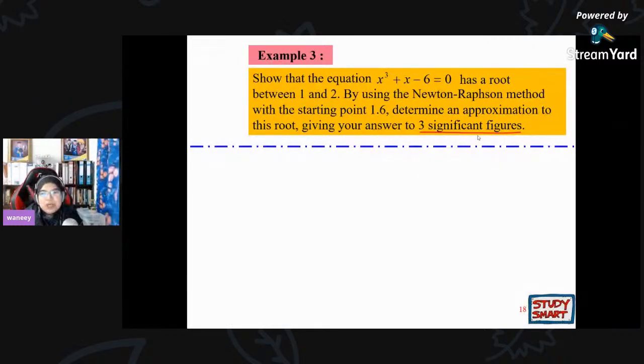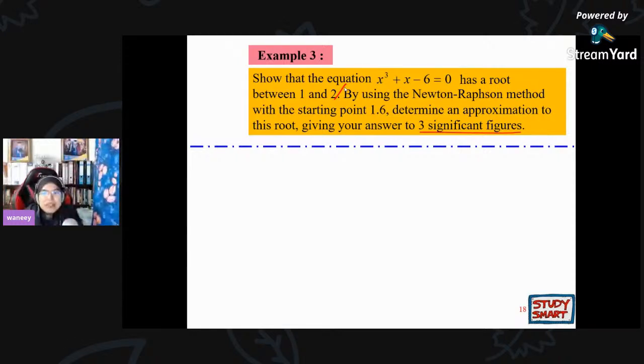The first one, we have the first part where we should show that the function has a root between 1 and 2. So you need to substitute 1 and 2 into the function, and show that you have a different sign when you substitute 1 and when you substitute 2. Then you can draw a conclusion that there must be a root between 1 and 2. So that is basically the first part of the question.